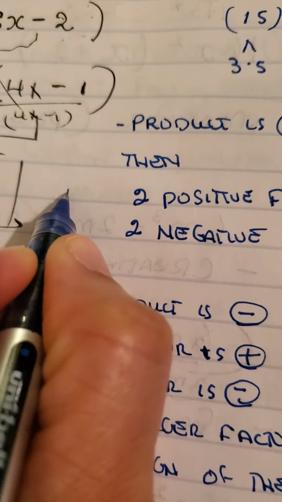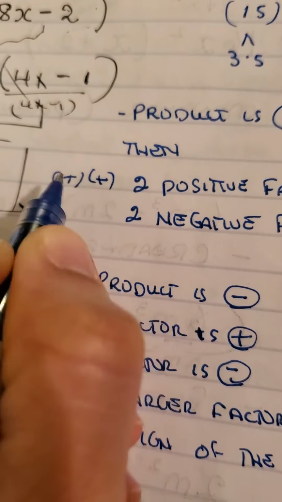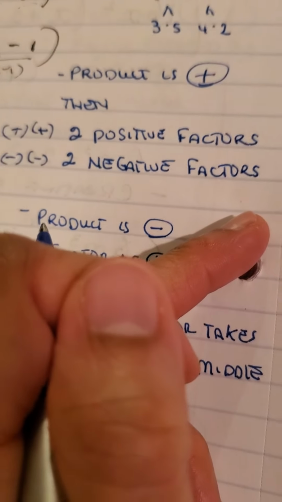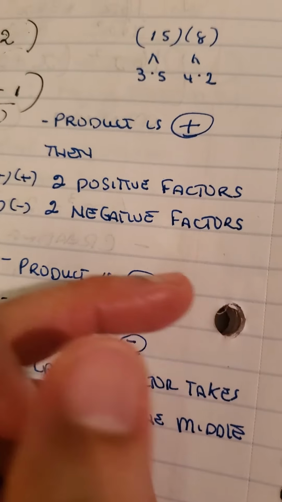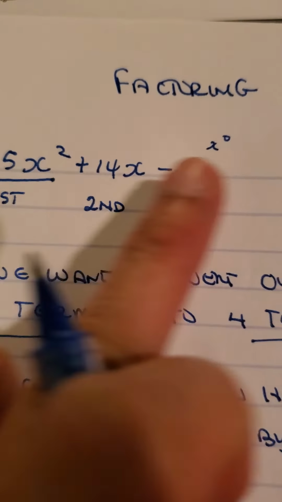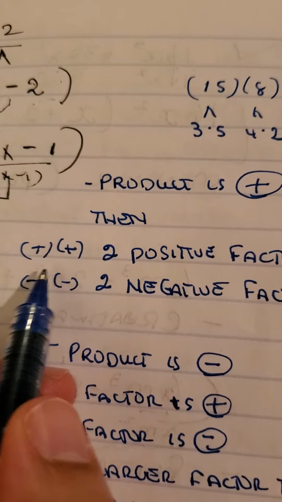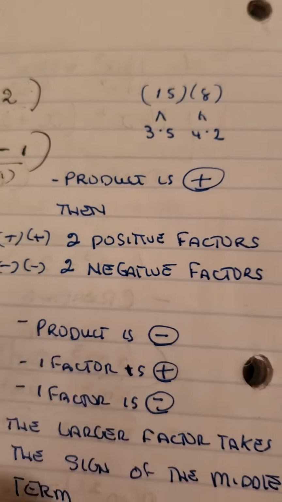So a positive times a positive is a positive, and a negative times a negative is a positive, right? So again, if you multiply the first term and the third term and it equals a positive, then it must mean that your two factors are either two positives or two negatives.